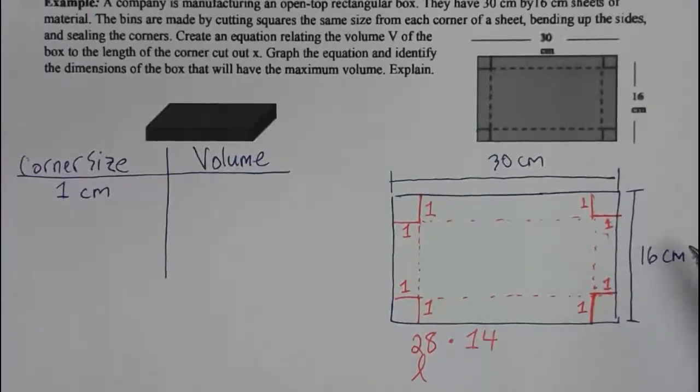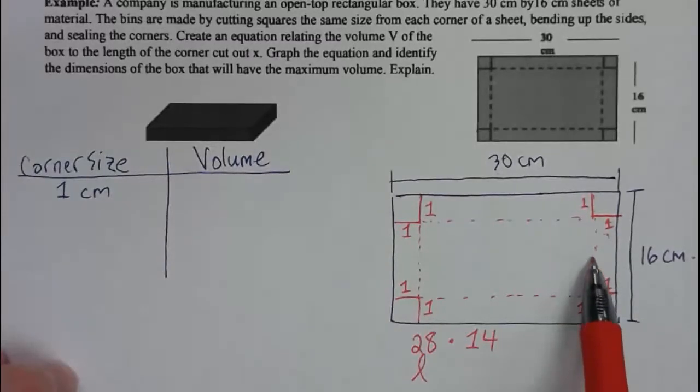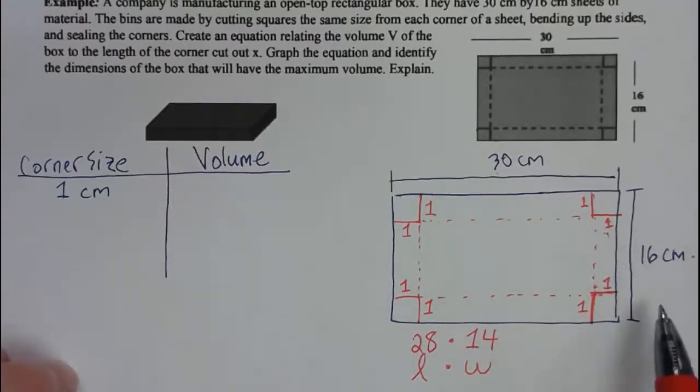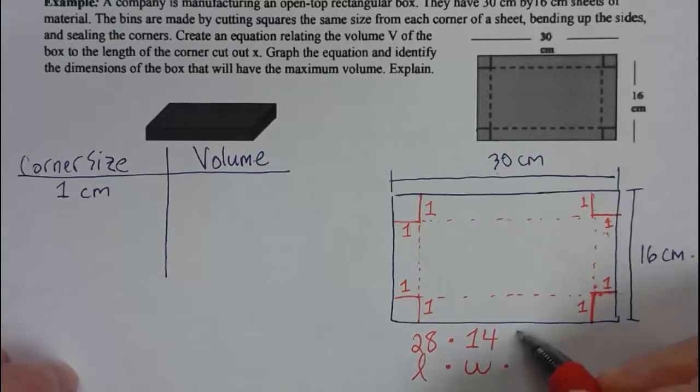Now if I am folding up the sides along this dotted line right here, the depth or the height of this would be 1, because you fold up the sides, and this part right here would be the height. So times 1 for our height.